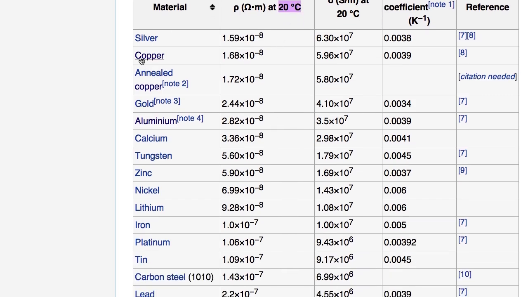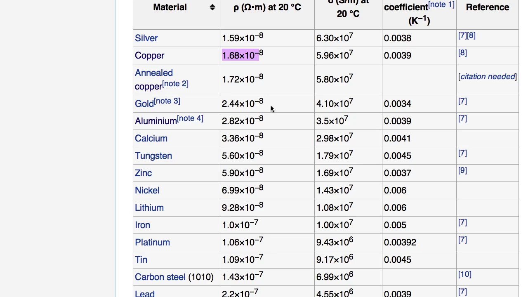You can take a gander at some of the other metals that you might be familiar with. We've talked about copper. Gold has a higher resistivity than copper. The reason that gold is often used on connections for audio connections at the tip and for HDMI and all these other things, they use gold plating, not because it has a lower resistivity, because it doesn't.